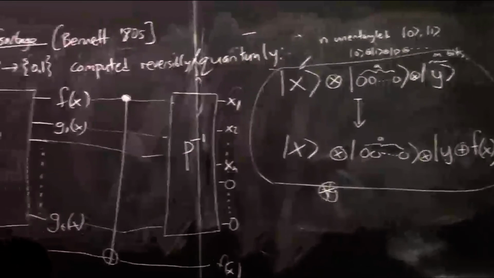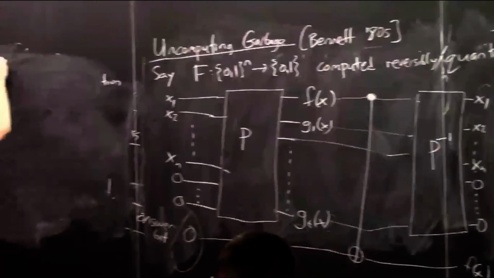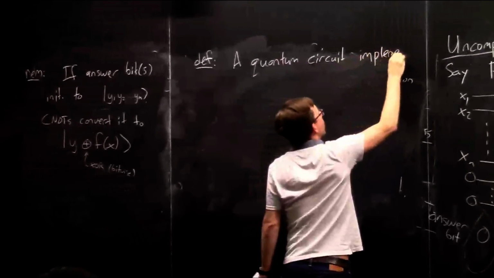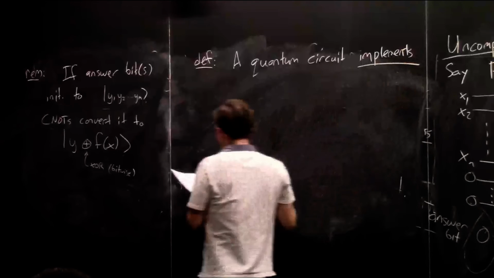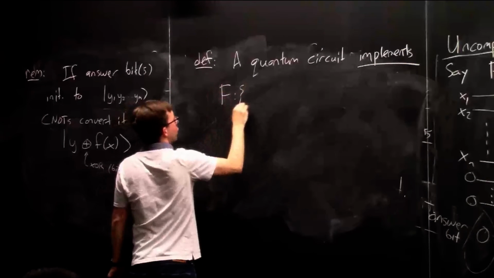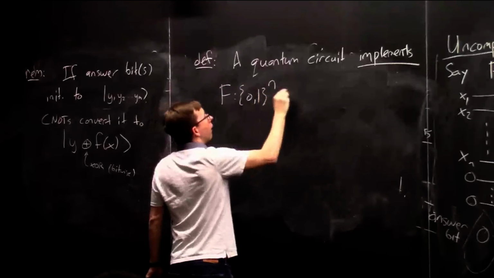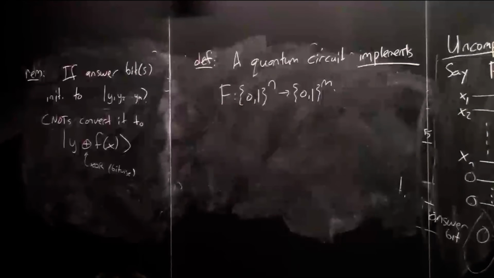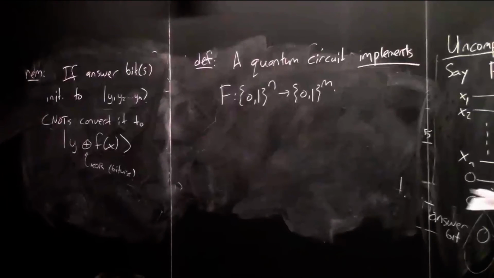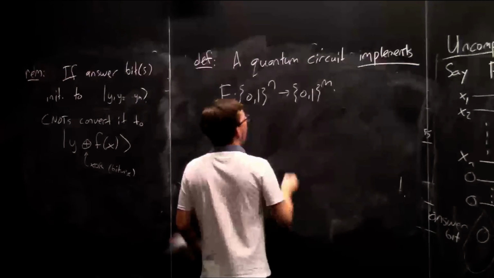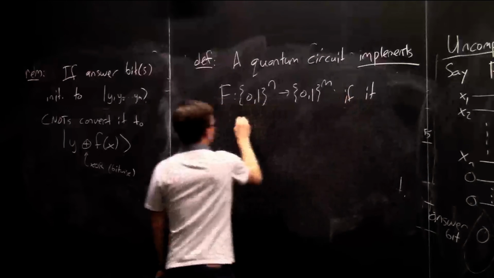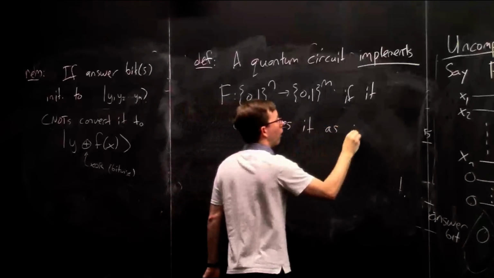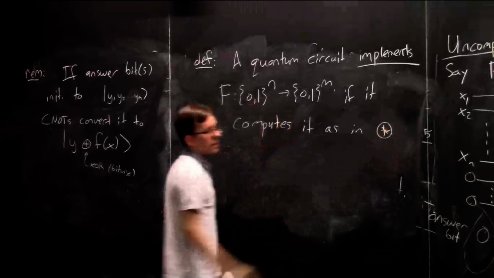So we'll say a quantum circuit, and I'll use a different word just so it's clear, implements a classical Boolean function, so it's using capital F everywhere, if it computes it like that. Okay, as in that garbage-free manner.